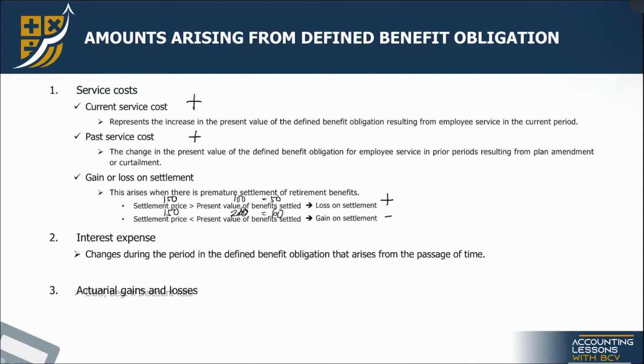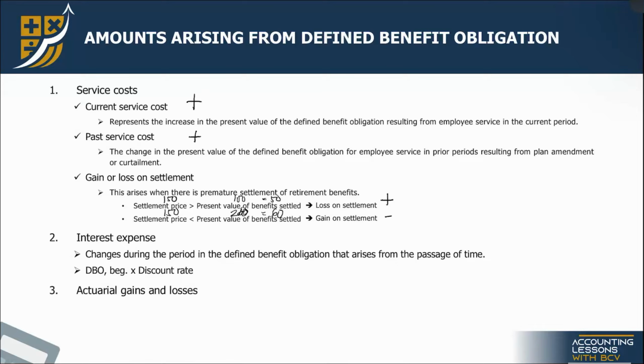The formula: defined benefit obligation beginning balance, multiply it by the discount rate. Yung discount rate na yan yung diniscuss natin kanina lang, no? Yung market yield of high quality corporate bonds, pag hindi available to, market yield of government bonds naman. Okay? So gagamitin nyo yung discount rate doon sa hierarchy natin kanina.